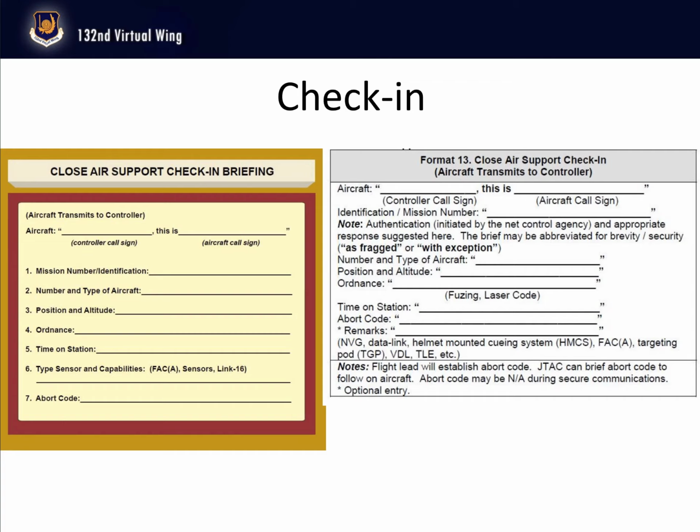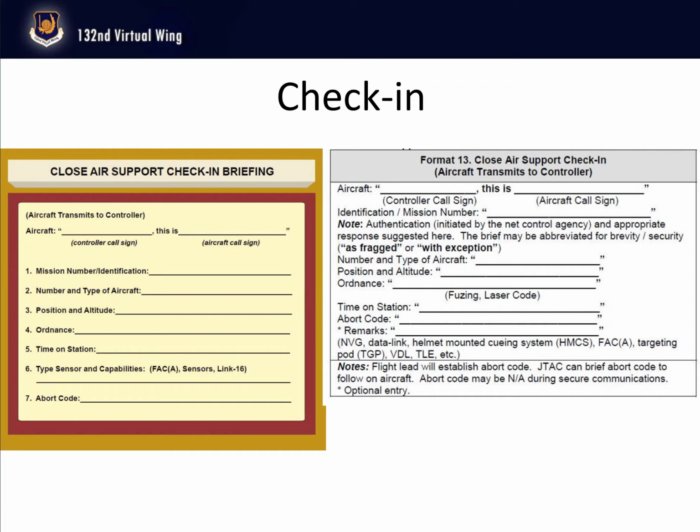So it's what call sign, what type and number of aircraft, for example a singleton F-18 or a 2 ship F-14, mission number, and your current position, usually around the contact point, what altitude, and what ordnance you have. Ordnance means what's relevant for the JTAC. If you have air-to-air missiles, it's cool, but it's not very useful against main battle tanks, so you can omit it.